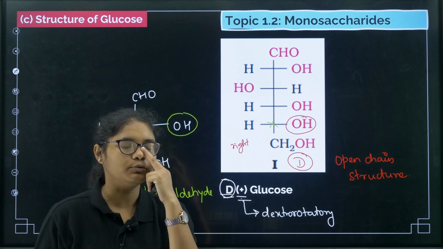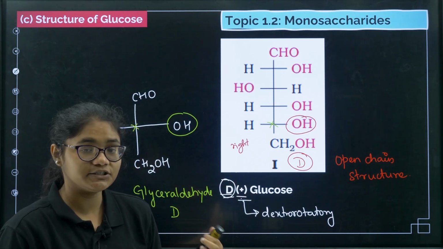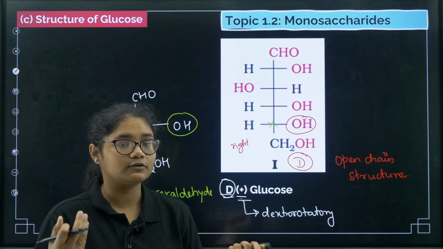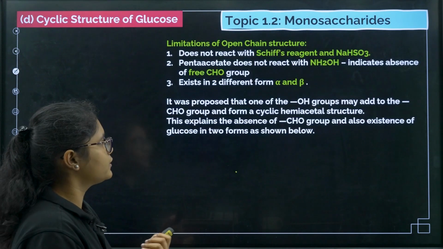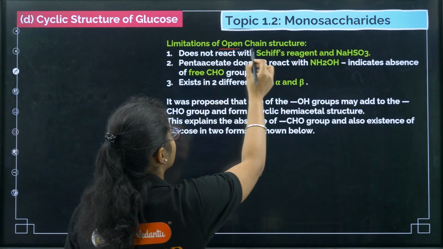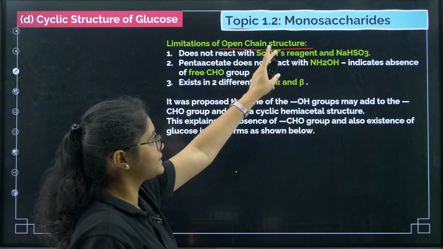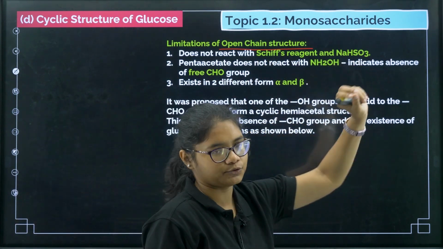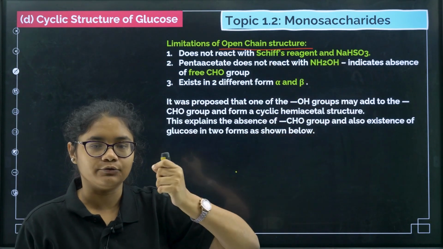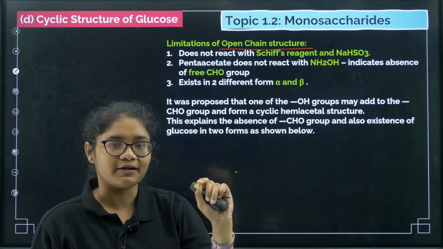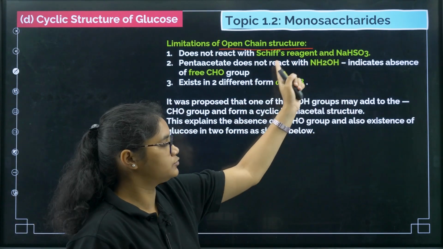We found that there are some reactions which this open chain structure should show, but it doesn't. So here come the limitations. The first limitation is it does not react with Schiff's reagent and NaHSO3. If it had an aldehyde group, it should react with Schiff's reagent and NaHSO3, but we find that there is no reaction with these two.